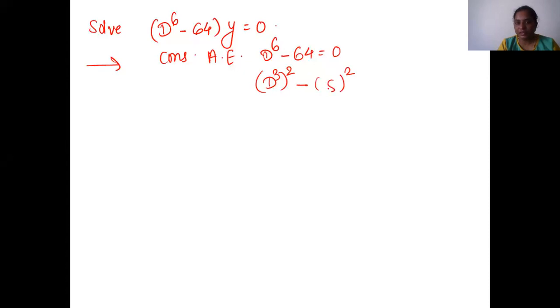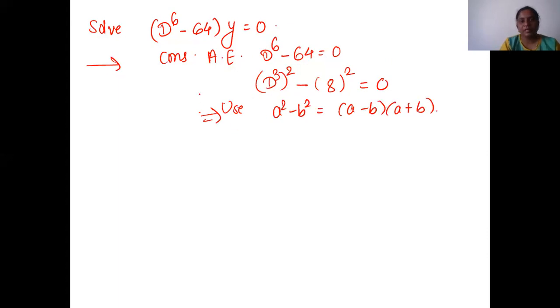8. So what do we do is a square minus b square. So this is the square of d cube and this is the square of 8. Then a square minus b square, so what can we do next is a plus b, a minus b. Do you know the formula? A square minus b square is a minus b, a plus b.